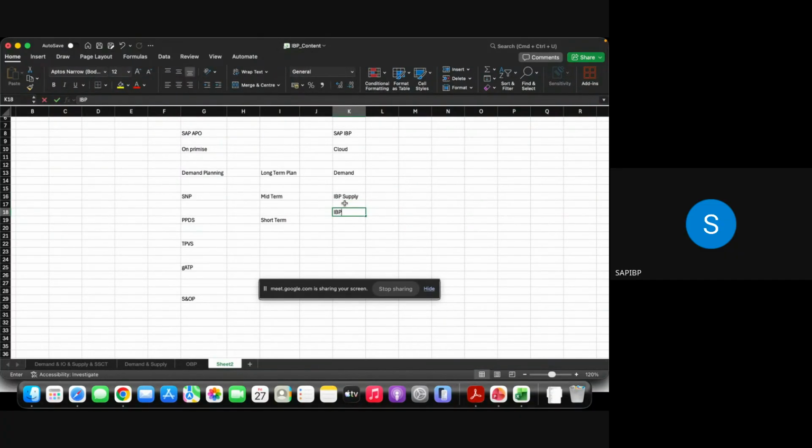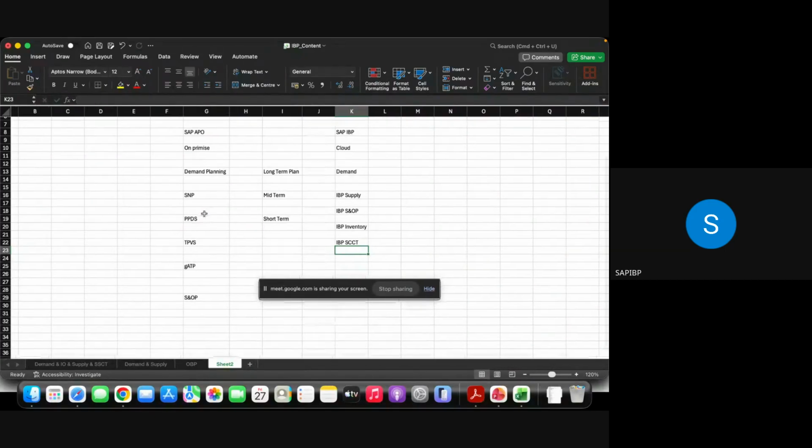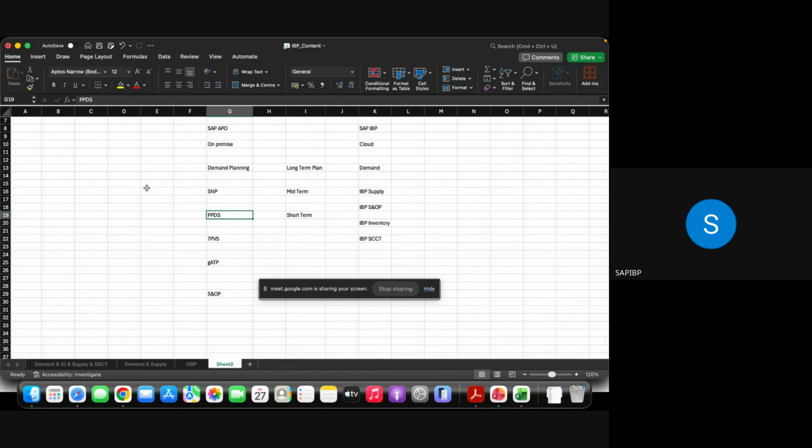We have IBP S&OP as well, and on top of that, IBP inventory. And we have IBP supply chain control tower. We have DDMRP as well. Now the other modules like PPDS are migrated to our execution system from SAP, that is S/4HANA.